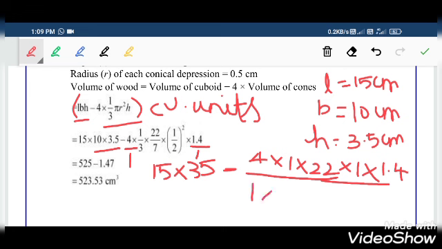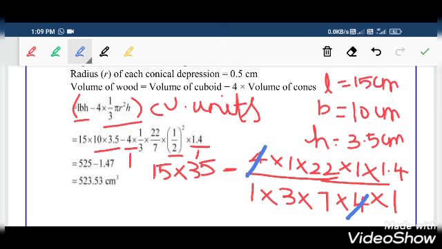So 1 into 3 into 7 into, you have to square the value, it becomes 4 into 1. Now you need to cancel the value. So 4 ones are 4, 4 ones are 4. Okay. So now 1 and 1 automatically cancel, no problem. So 7 ones are 7, 7 twos are 14. It seems to be 0.2.